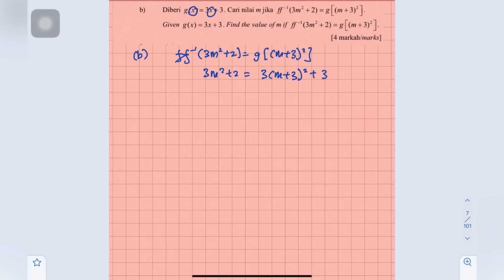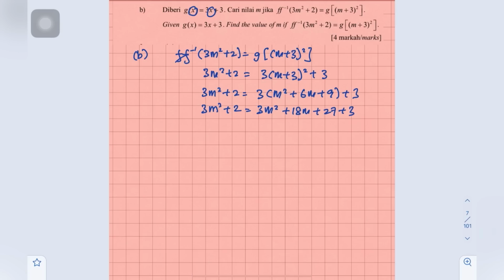Okay, so then we can expand this one. So 3m squared plus 2 equals 3(m squared plus 6m plus 9), plus 3. So then we expand. So 3m squared plus 18m plus 27 plus 3.